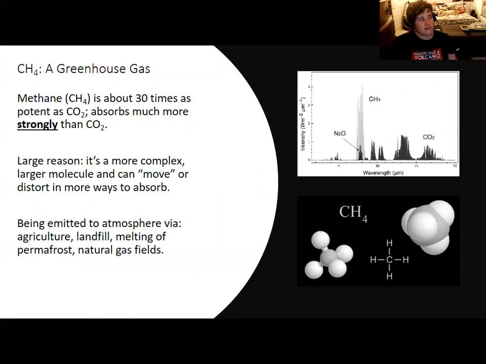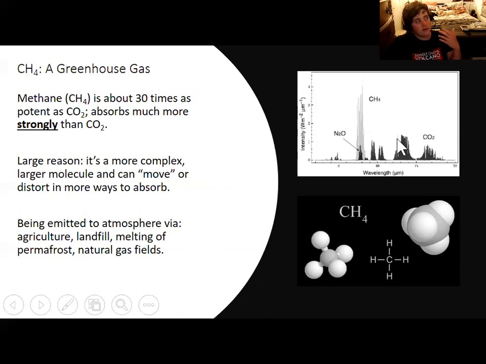Methane is kind of thought of as the stinky gas because it's what's in flatulence. It is also a potent greenhouse gas, and the chart on the upper right shows the degree to which greenhouse gases absorb different wavelengths of infrared light. CH4 doesn't absorb a particularly wide range of infrared light like CO2 does, but you'll notice that the CO2 peaks are not very high.